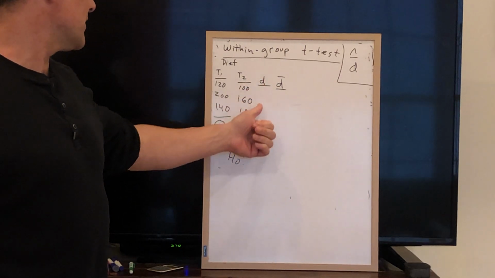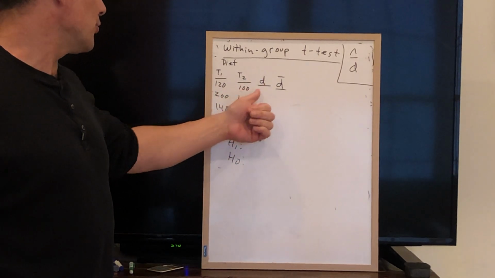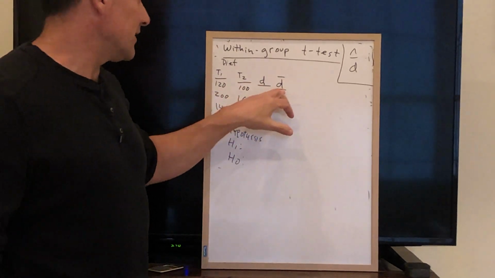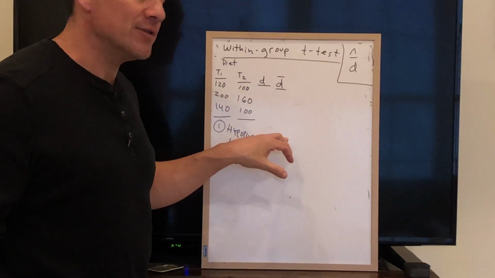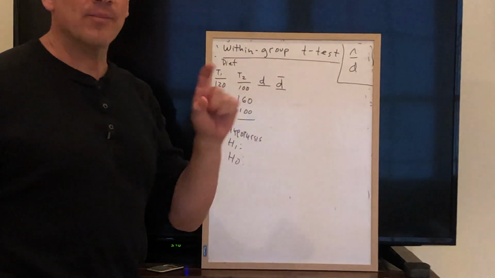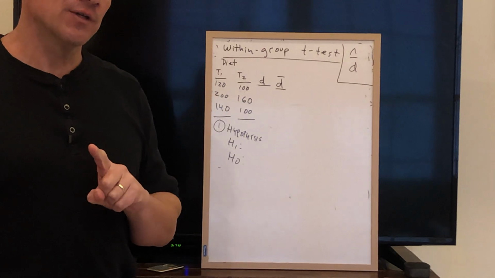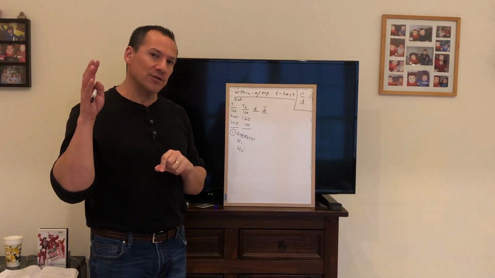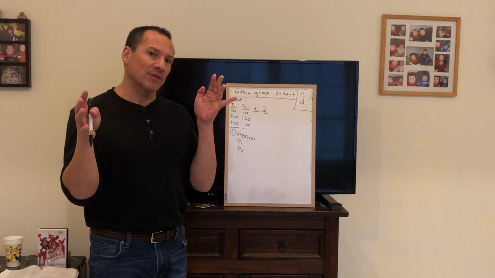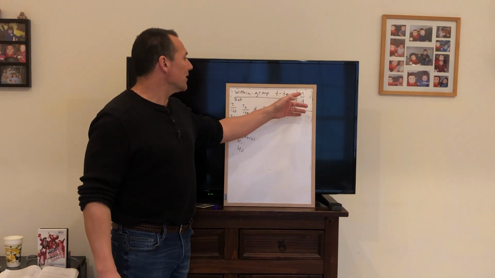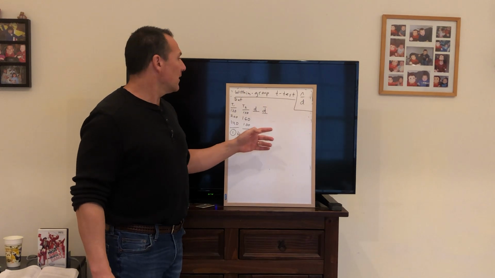Okay, so D is difference, 120 minus 100 is 20, that's a difference. Eventually we're going to get D bar, which is going to be the average of the differences. And D bar cap is the predicted average of the differences. Remember we talked about the difference between whether something was predicted or whether something was actual. So what's important here is this is actually predicted.